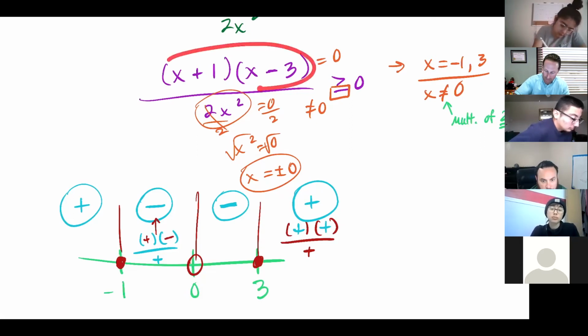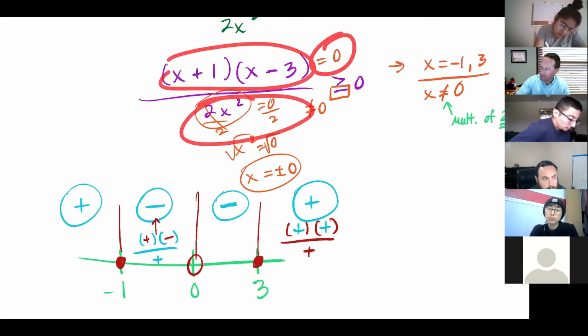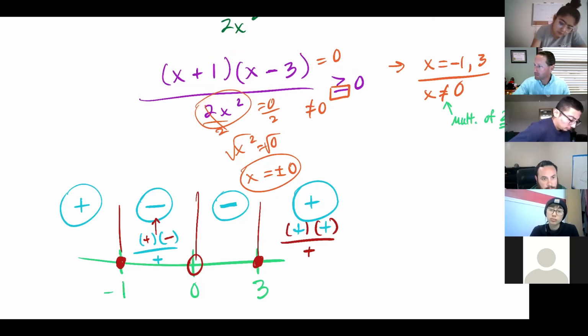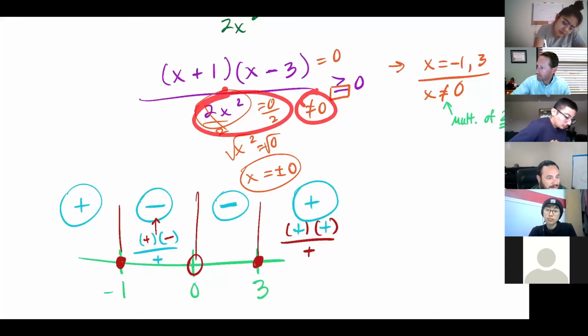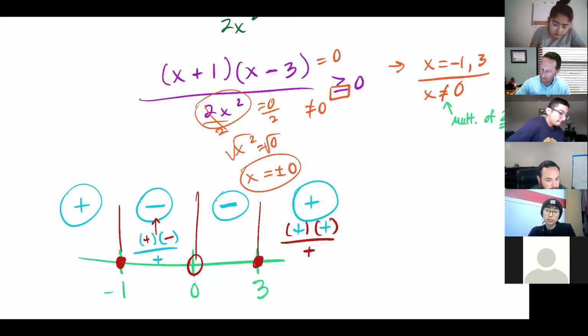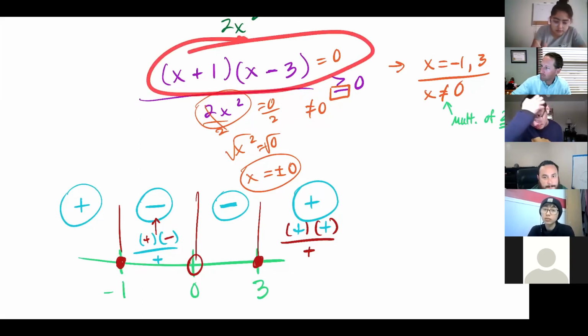You have to take the top and the bottom and set it equal to 0. And which one will we never include? The denominator. And which one can we include? The numerator, but only when it has the equal to included.